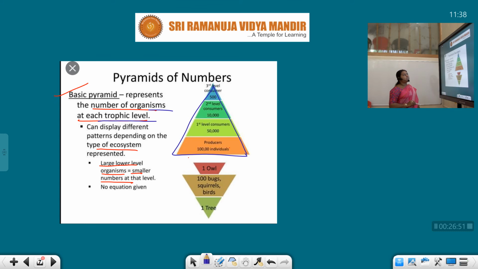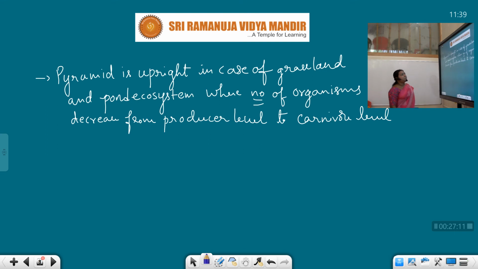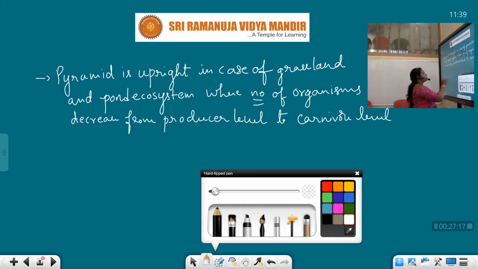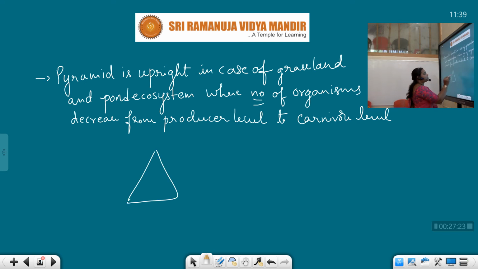See, students, it represents the number of organisms at each trophic level, and can display different patterns depending on the type of ecosystem represented, and a large number of lower level organisms equals a small number at each higher level. Right? The pyramid is upright in the case of grassland as well as pond ecosystems.